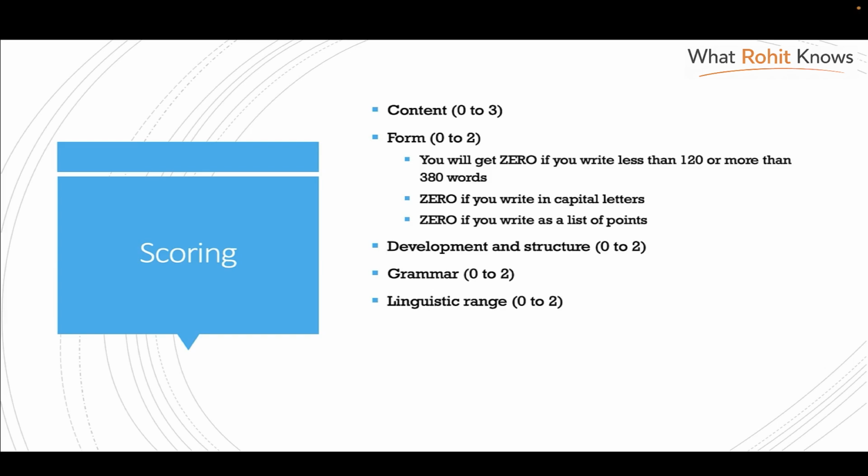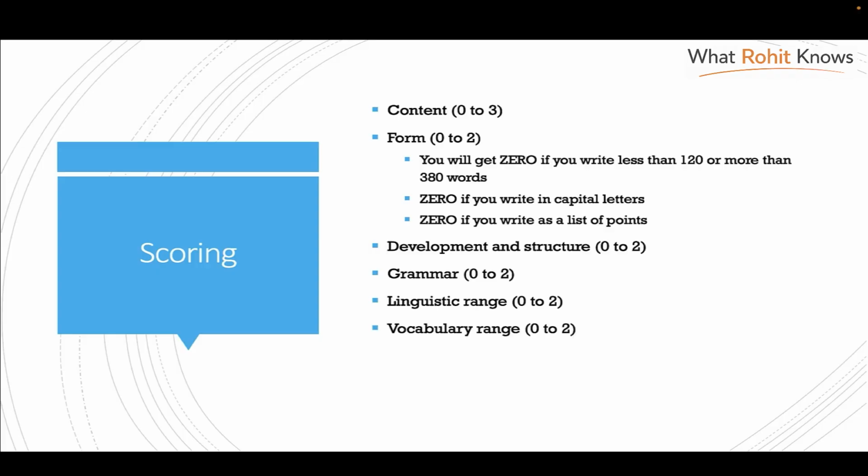If you want to transition from one paragraph to another, you should be able to do that. If you want to form a complex sentence to explain a complex topic or a complex viewpoint, you should be able to do that. So all of that comes under the linguistic range. So don't write very simple sentence structures. Try to form complex sentences. That will get you up to 2 points. If you write very simple sentences or use very simple words, then that will get you 0 points.